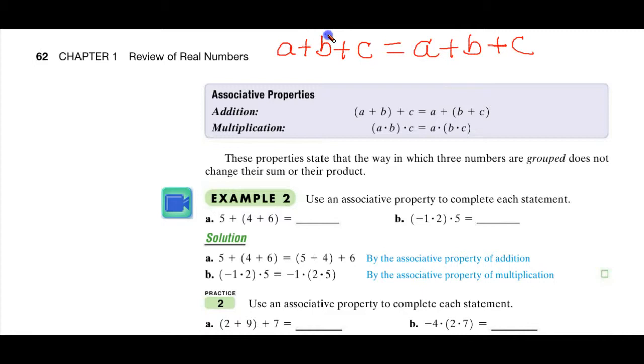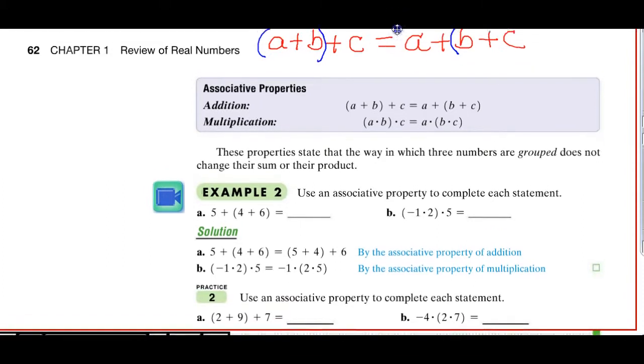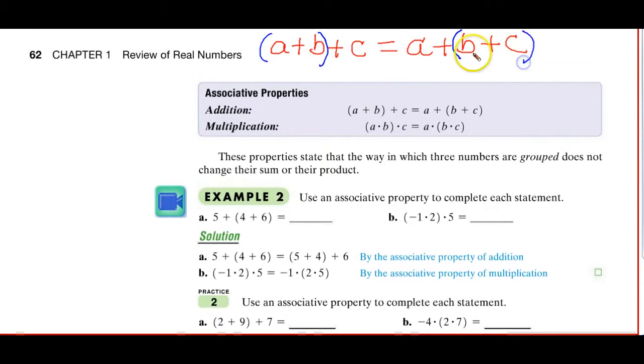But here they want you to add the A and B first because of the parentheses, and then add the C. Now in this one, they want you to add the B and C first, and then add the A. And the results are going to be the same. So when we group things differently, the order is the same, but we're grouping differently. That's the associative property. And this one is of addition, and this one is of multiplication.